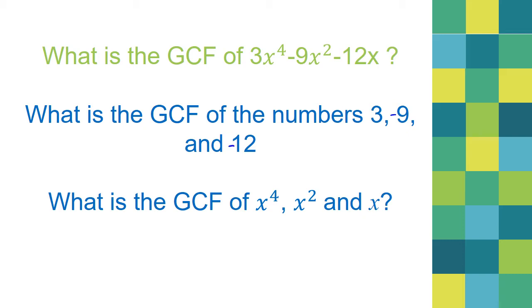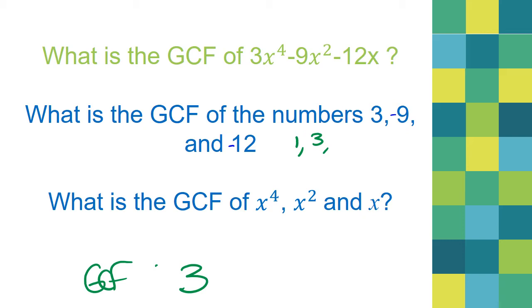So out of 3, 9, and 12, I can divide out a 1 and a 3. Those are the only numbers I can divide out of 3 and 9 and 12. So my greatest common factor is going to have a number of 3. Now notice they don't all have negatives, so I can't take a negative out.